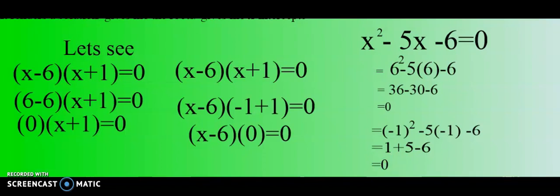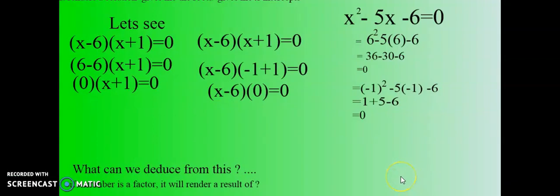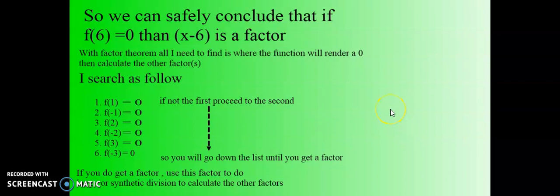If the number is a factor, it will render a result of, yes, you guessed it right, 0 if I substitute it into the original function. So from past experience, we can safely conclude that f of 6 is equal to 0, then x minus 6 is a factor.